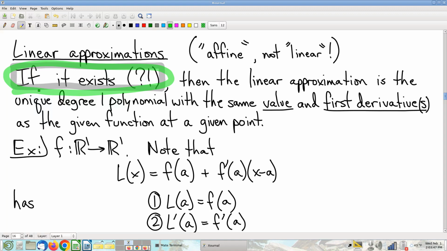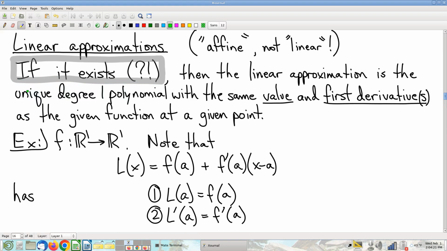If there is no linear approximation, don't try to write down a formula for it, because it doesn't exist, right? So I don't want to deal with that for the moment. So let's assume that it exists, and then we're going to come back in a couple of pages and worry about, if it doesn't exist, what would that mean, and how would I detect that? Okay. So assuming now that it exists.